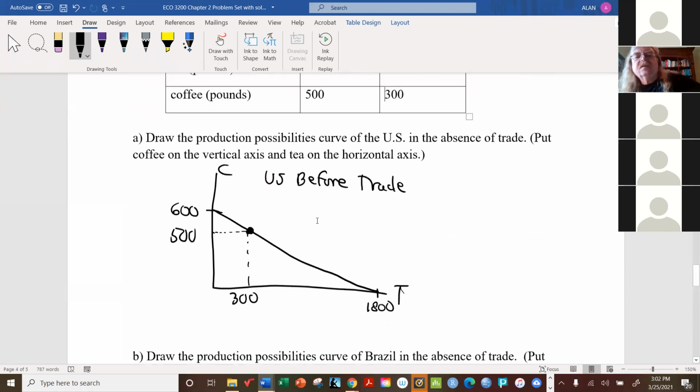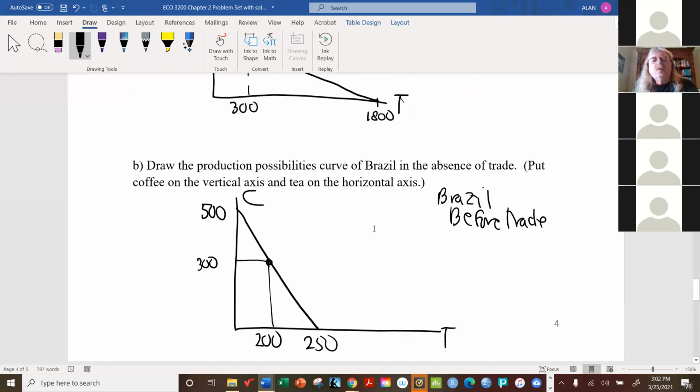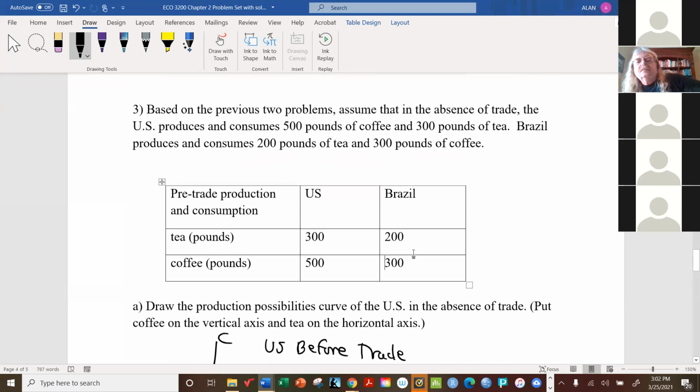Okay, so in other words, that point represents production and consumption. Without trade, those have to be equal to each other. We can't import or export without trade. So this point represents production and consumption, domestically without trade.